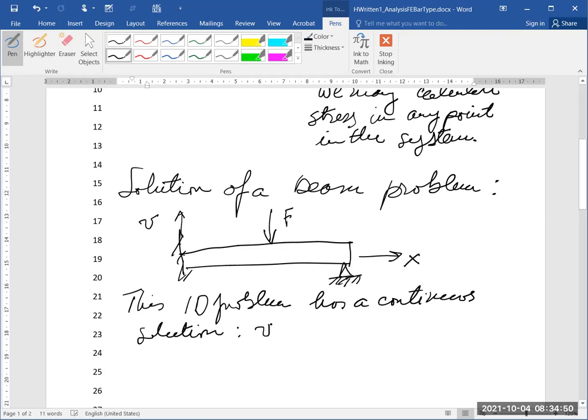Let's call it V of X. If we find the solution of this problem, you can remember that it will be something like this: no slope, no deflection at the support, something like this. So in every point we can obtain the value of V. This is a continuous function. What do we mean by this?